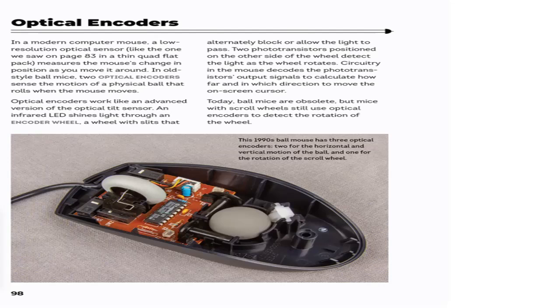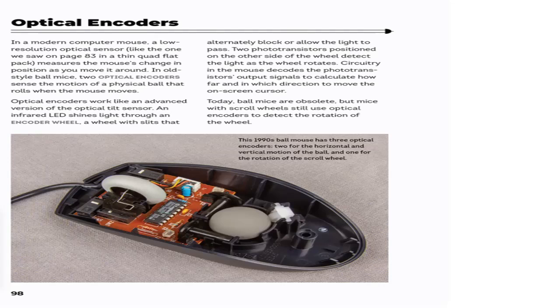Optical encoders work like an advanced version of the optical tilt sensor. Infrared light shines through an encoded wheel, a wheel with slits that alternately block or allow the light to pass. The phototransistor positioned on the other side of the wheel detects the light as the wheel rotates.